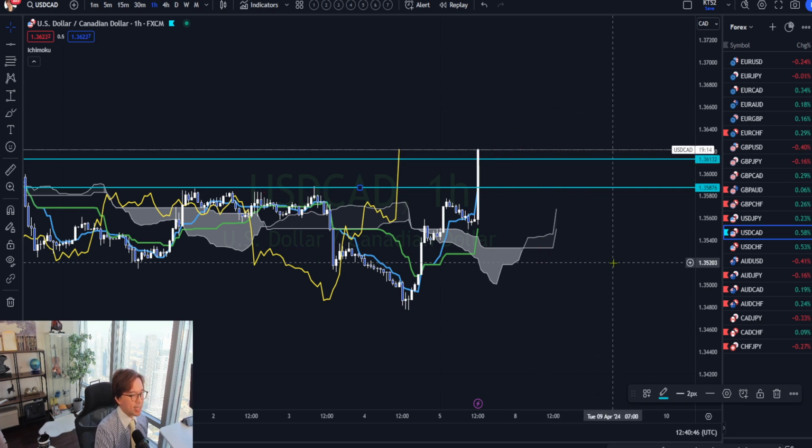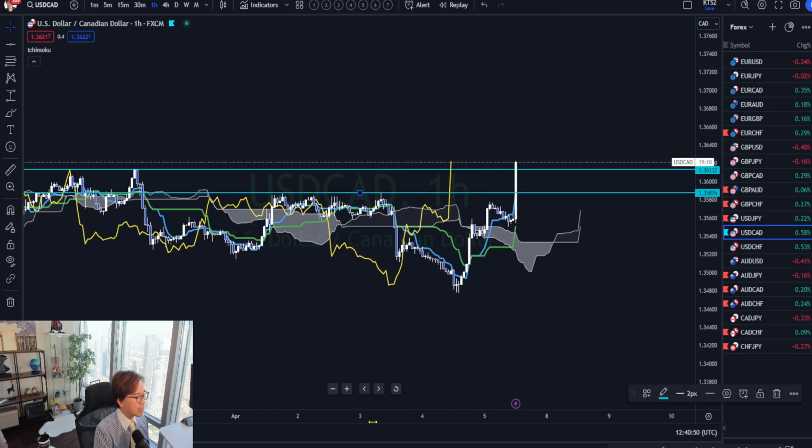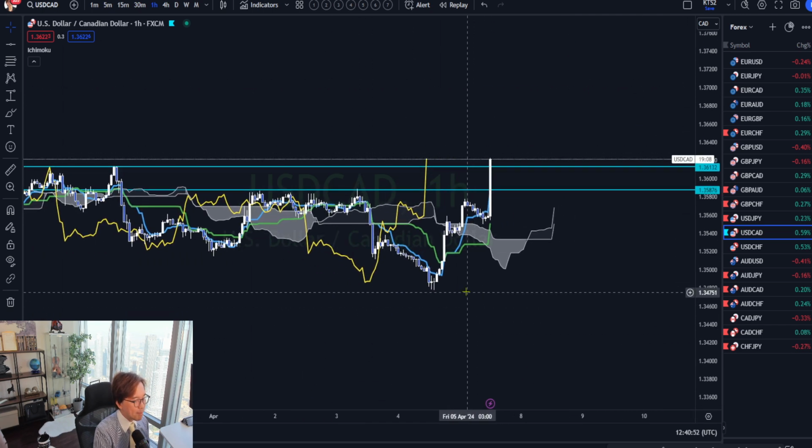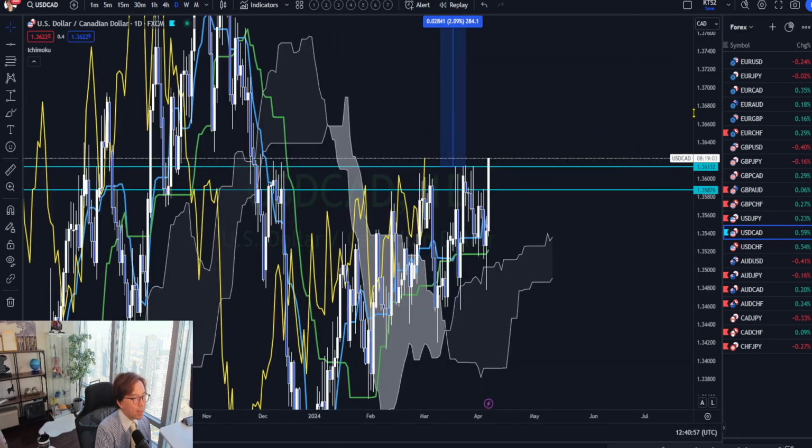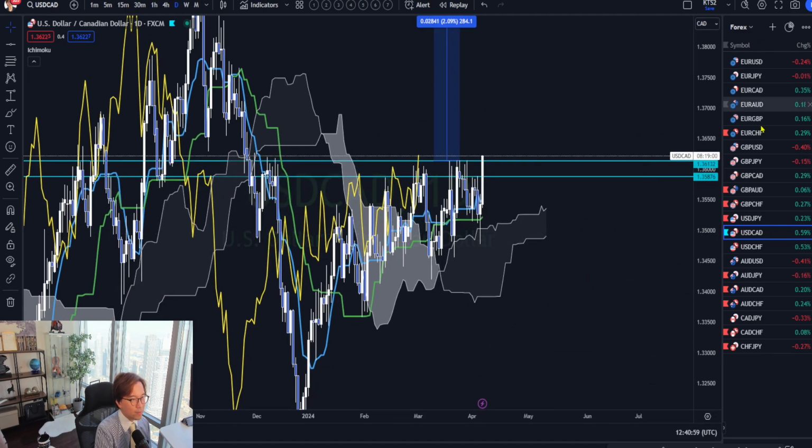So that's USD/CAD. Like this, I check the pairs and see what's going to happen after the news. I just wanted to give you some examples of how I look at the markets at the news. I stopped my analysis for now, but this is how I view the markets before and after the news.